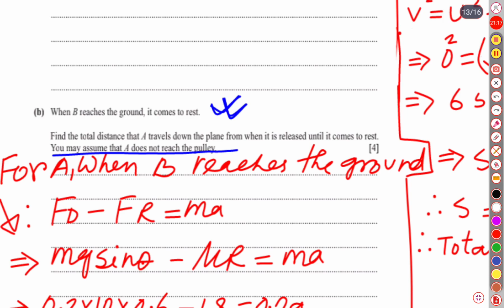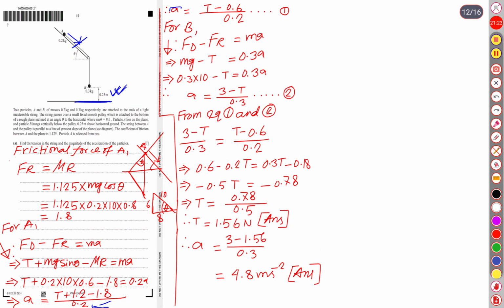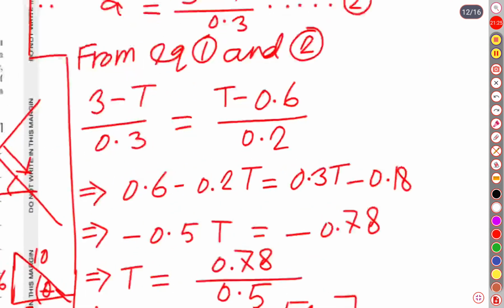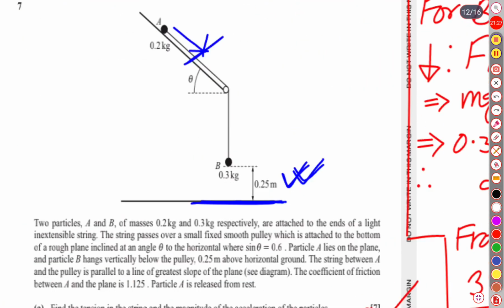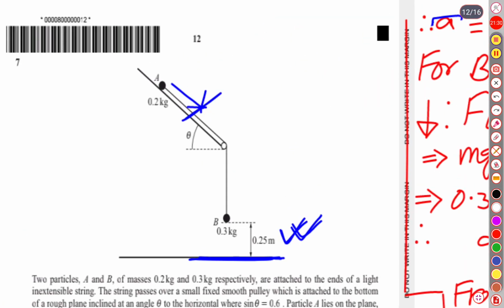So the state of B is no motion, it's at rest. So whenever B reaches the ground, there is nothing more related to B. B is over.